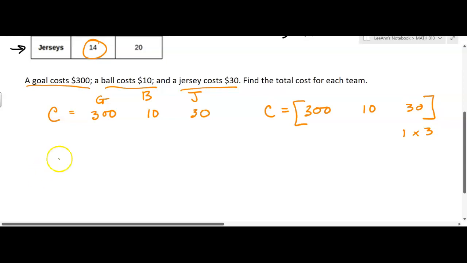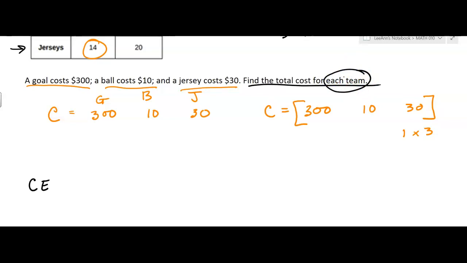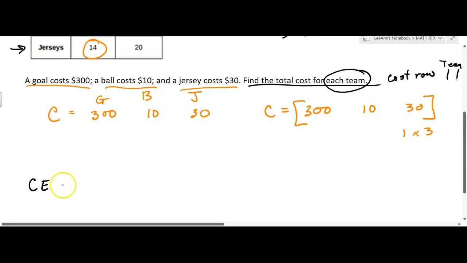We're going to take the cost and multiply it by the equipment because we're trying to find the total cost for each team. That's part of the clue: you're going to keep it by team. Remember, in our chart the teams were the columns. So you want cost for the row and team for the columns. We're going to take the cost matrix times the equipment matrix.